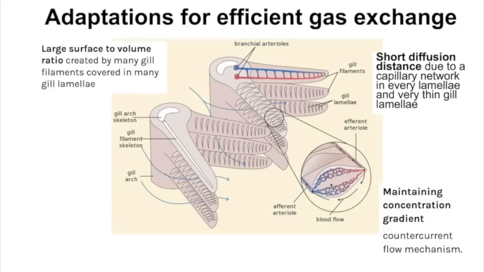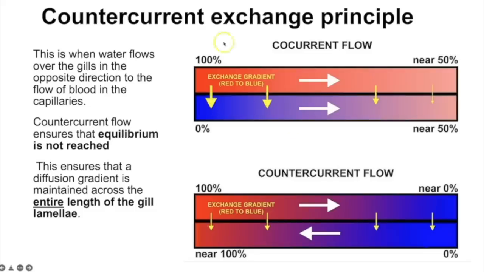How the concentration gradient is maintained is by something called the counter-current flow mechanism. So the counter-current flow mechanism is where water flows over the gills in the opposite direction to which the blood is flowing through the capillaries. The reason this is an advantage is it makes sure that the equilibrium of the concentration of oxygen is never reached.